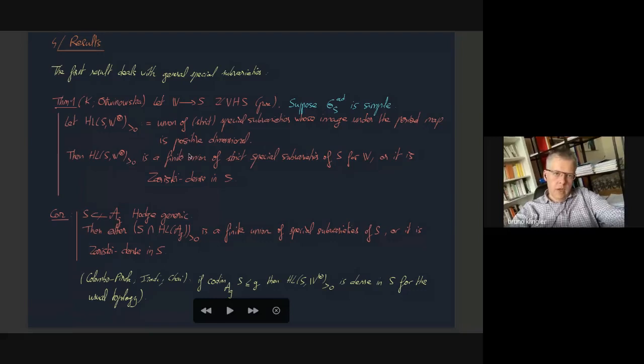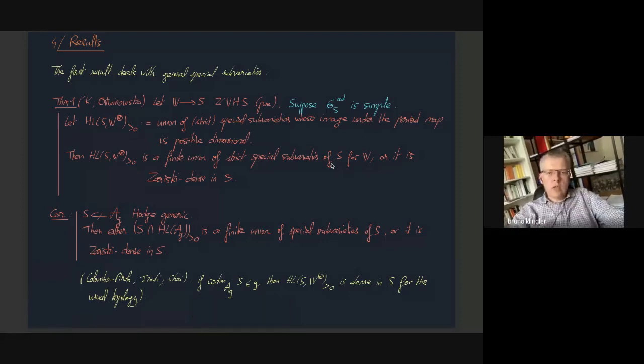The first option is that this Hodge locus, which is a countable union, is in fact on the nose algebraic, and it's just a finite union of special subvarieties. In other words, this means that all the special subvarieties of positive period dimension are contained in finitely many maximal ones for the inclusion. So this is the first option. And the second option is that if it is not the case, then it is Zariski dense.